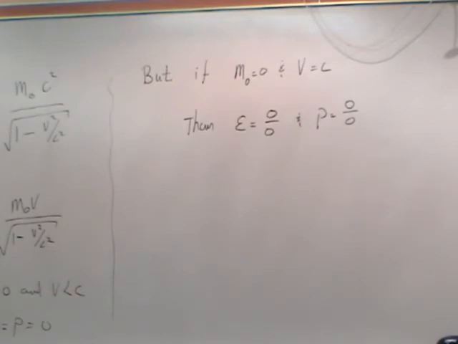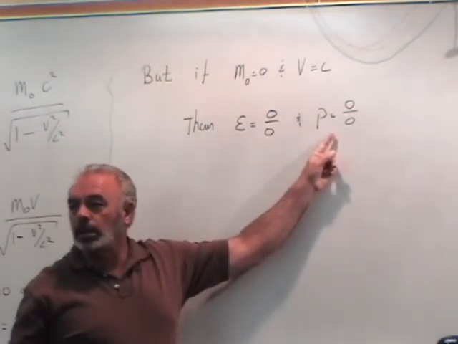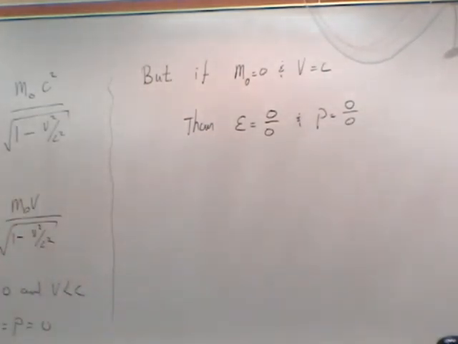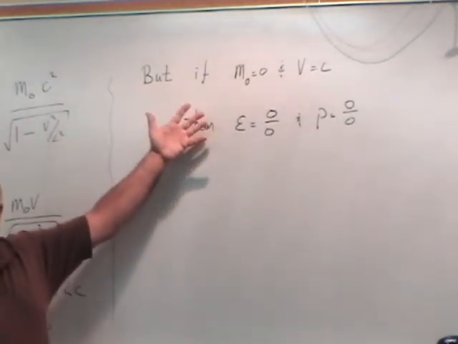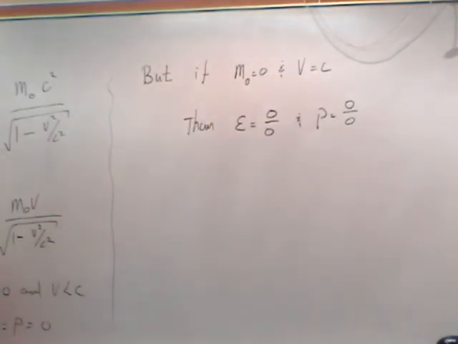Indeterminate. That says E could be real, and P could be some real finite value. Hence, we conclude that if massless particles exist, they can only exist at the speed of light. If they exist below the speed of light, there's no energy, no momentum, you really don't have a particle. If they exist at the speed of light, then there's a chance that you could have an energy and a momentum.